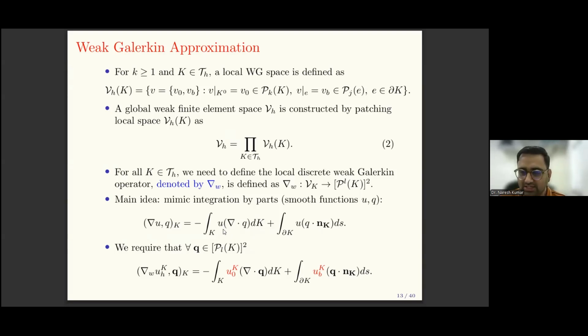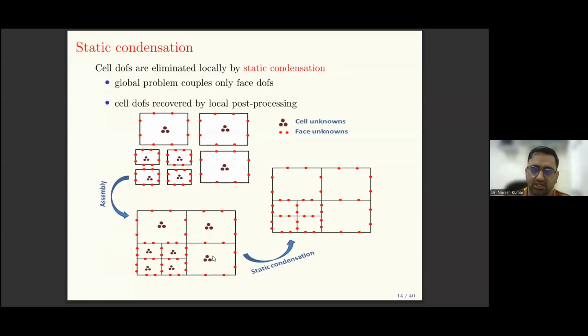So instead of U, in the interior we take U naught on K, and on the boundary we take UB on K. That's the difference. So here the gradient is replaced by the weak gradient, defined for any Q belonging to the vector valued polynomial space. This is the key point in the WG method. So we have to define the weak gradient operator in the discrete setting.